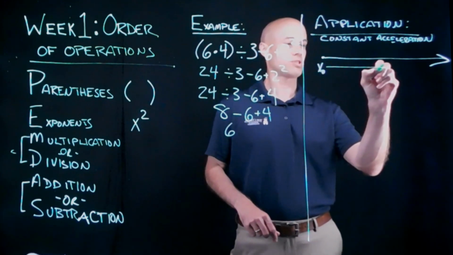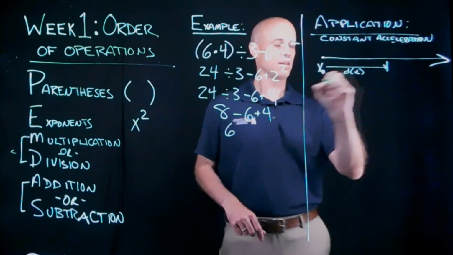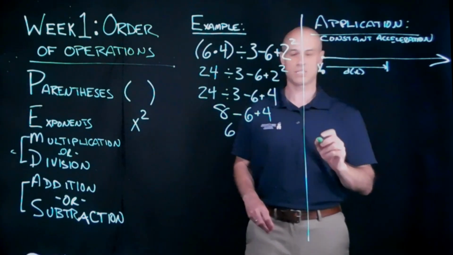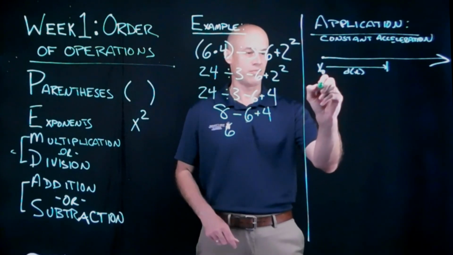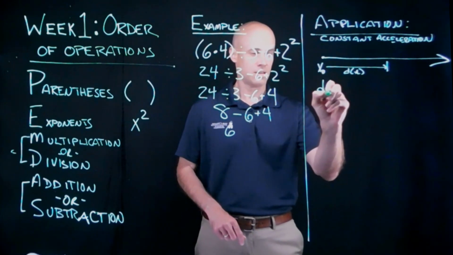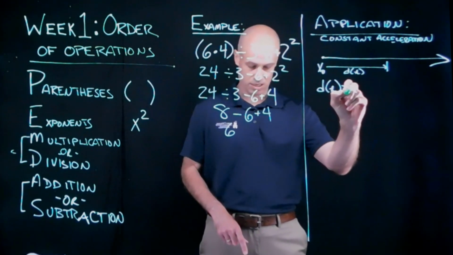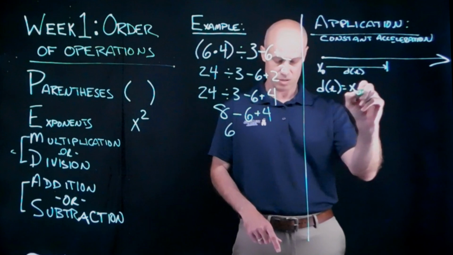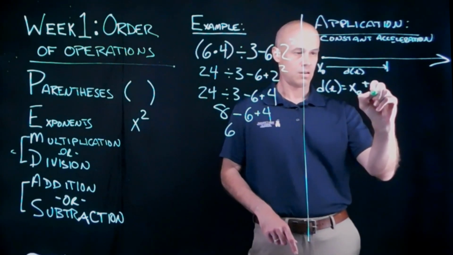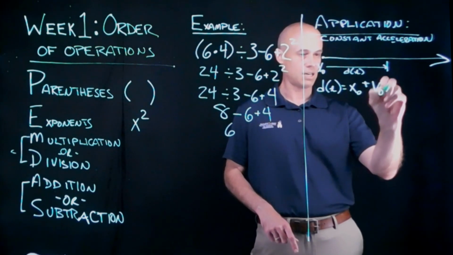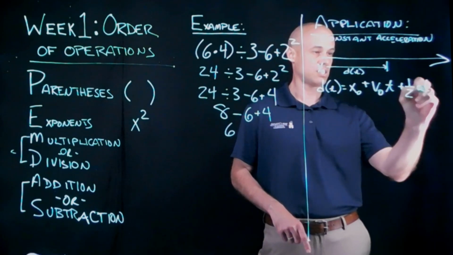So it's going to travel some distance horizontally here based on that constant acceleration. And so the equation that we have for that is we're going to take our initial position plus our initial velocity times the time plus 1/2 times the acceleration times the time squared.